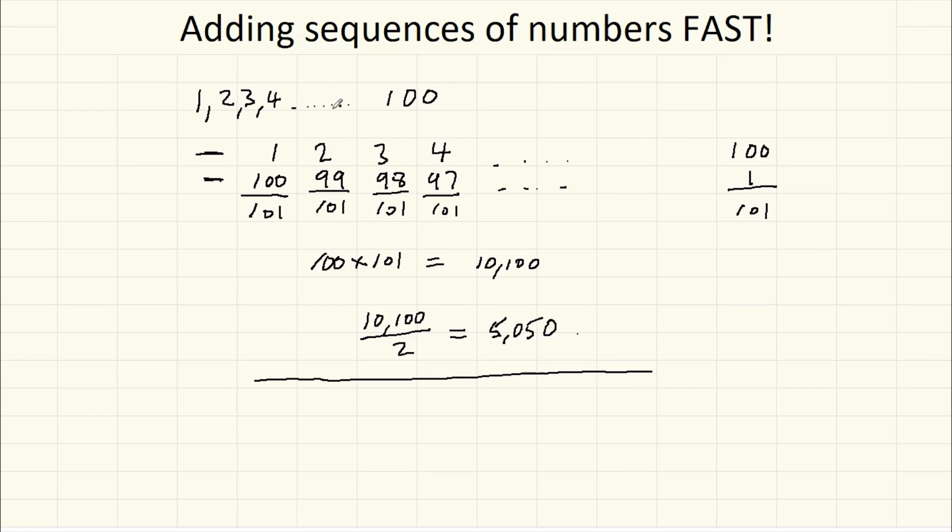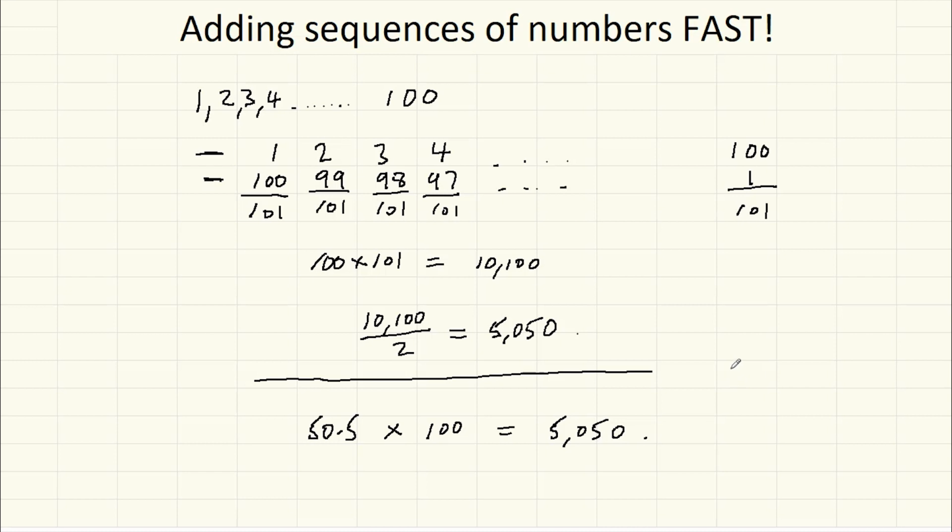The theoretical middle is actually 50.5. So 50.5 is the average, and we've got 100 terms, then the total is going to be 50.5 times 100. In other words, it's 5,050, same as we had above.